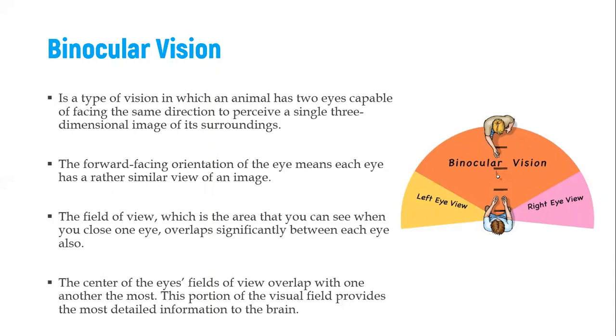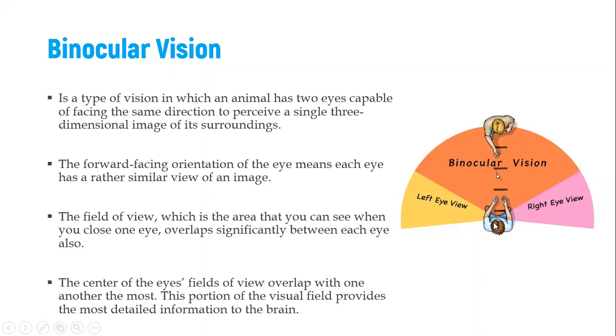The centers of the eyes' fields of view overlap with one another, and this portion of the visual field provides the most detailed information because both eyes are able to view the same field. That convergence provides the most information, and will be the clearest sight as compared to the areas that are only viewed by one eye.